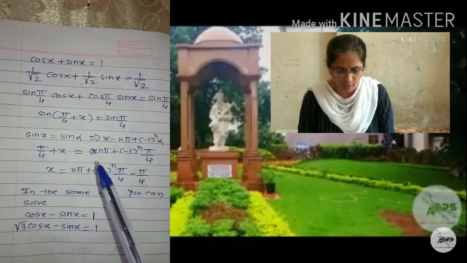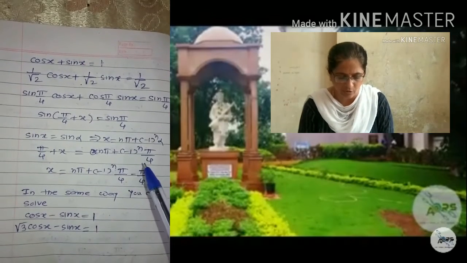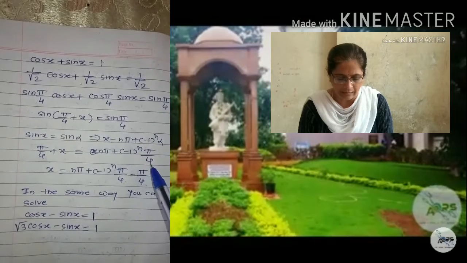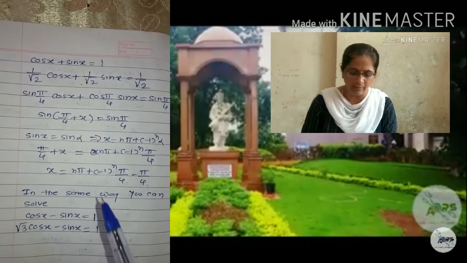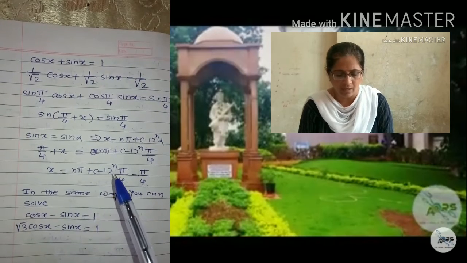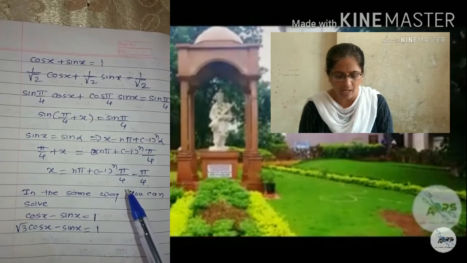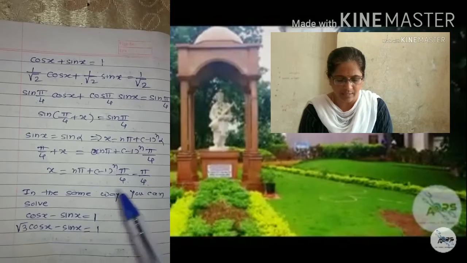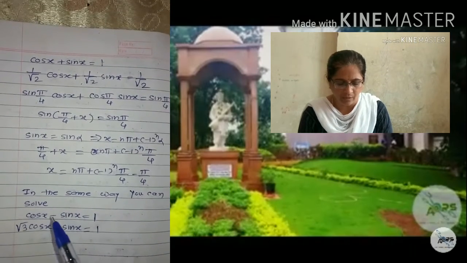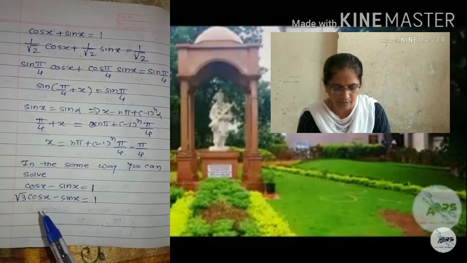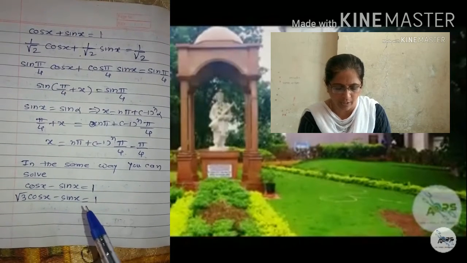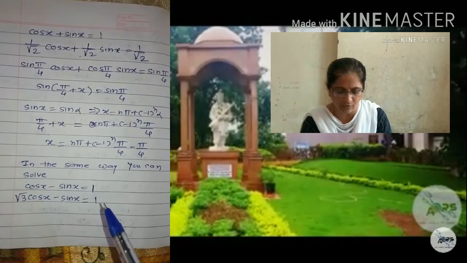So pi by 4 plus x is equal to n pi plus minus 1 raised to n pi by 4, because the value of alpha is pi by 4. Therefore the solution is x equal to n pi plus minus 1 raised to n pi by 4 minus pi by 4. In the same way you can solve the example cos x minus sin x equal to 1.